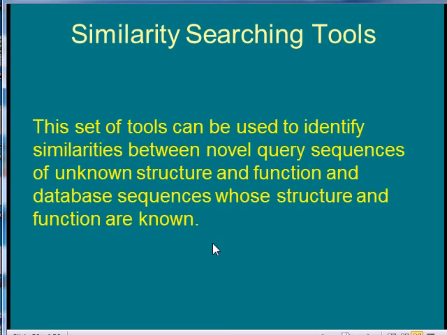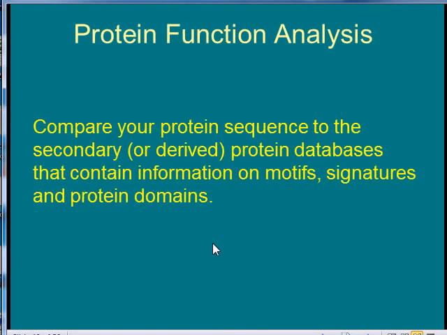They might have the same function. So we take an unknown sequence and ask, is there anything out there that matches this or comes close to matching this? Again, protein function analysis: what is the function of this unknown sequence I have? Is there something out there that matches closely to this that might perhaps have the same function? That can save scientists a valuable amount of time and research if we have good programs.